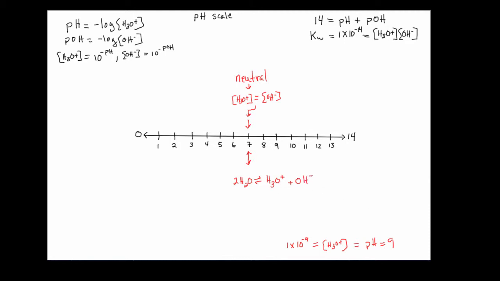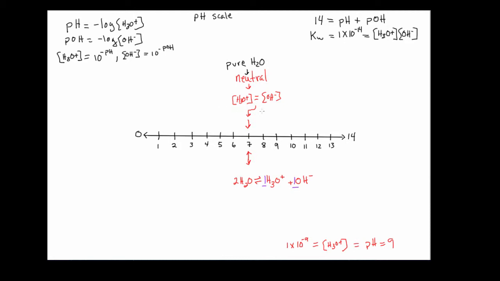And you can see the crucial thing here being that it's being produced in a 1-to-1 molar ratio. And so for the situation with pure water, you've got equal concentrations of both the H3O plus and the OH minus.